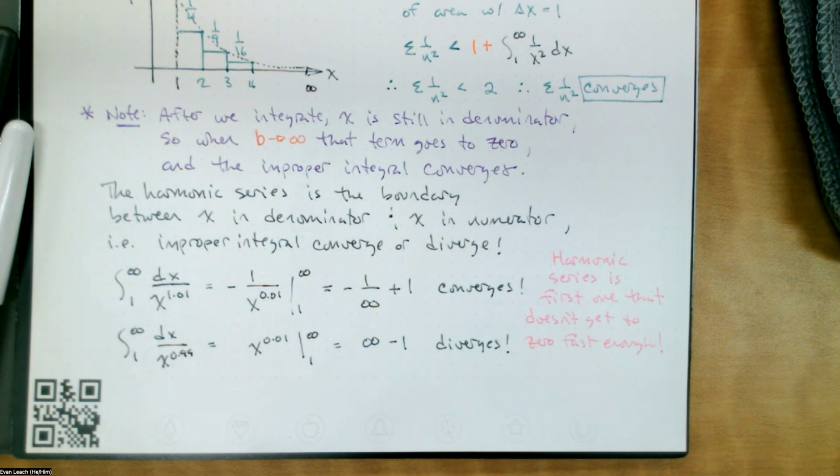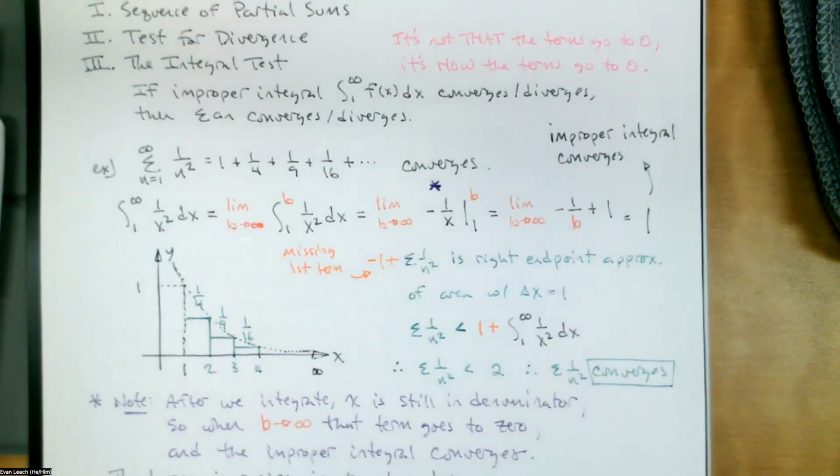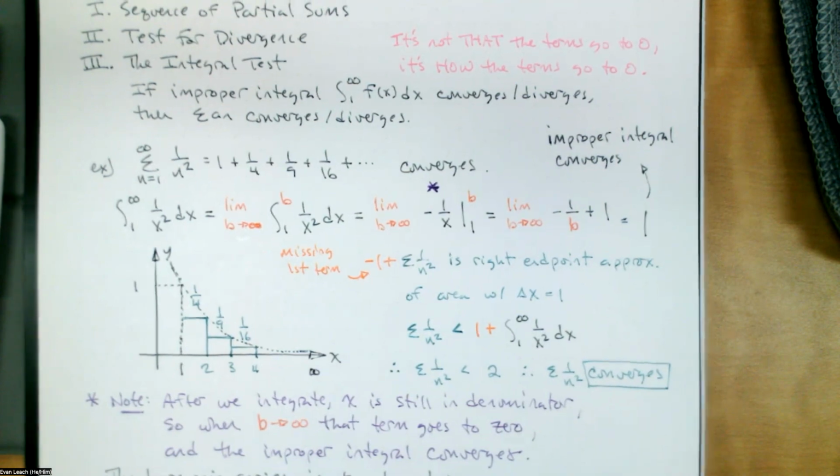What's the boundary between the stuff that converges and the stuff that diverges? So it's a very good description of what gets to 0 fast enough. Because remember, the question is not that the terms go to 0. The question is how the terms go to 0.